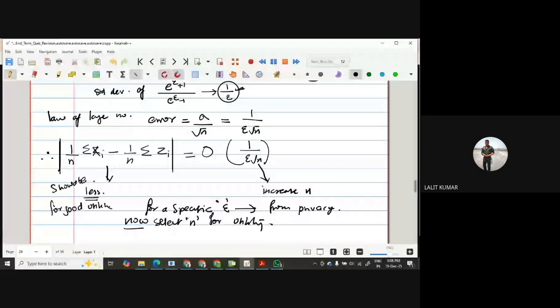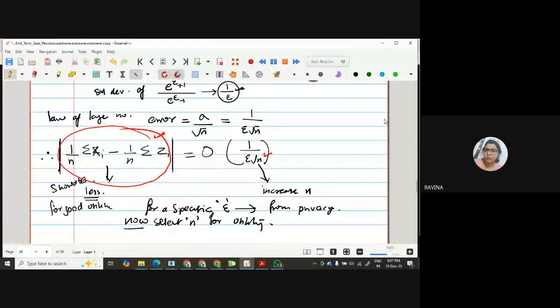So if we want good utility, then n has to increase, because for good utility this error term has to be less. You increase n, this will decrease, and that's why you will have good utility. This is your RR.